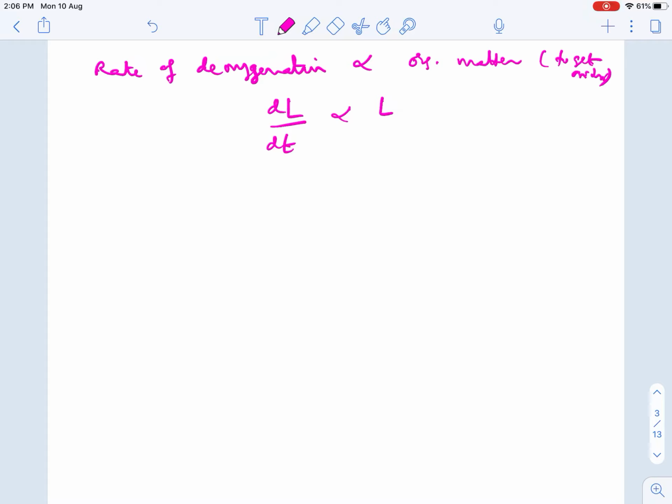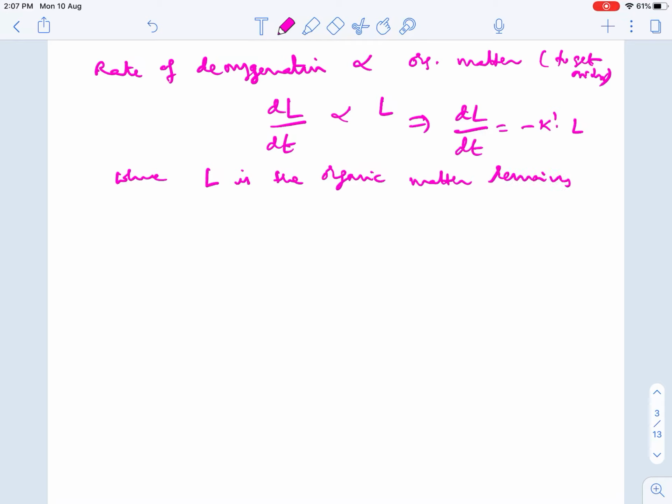Removing the proportionality sign with a constant, dL by dt is equal to minus K dash into L, where L is the organic matter remaining to get oxidized at a time t.